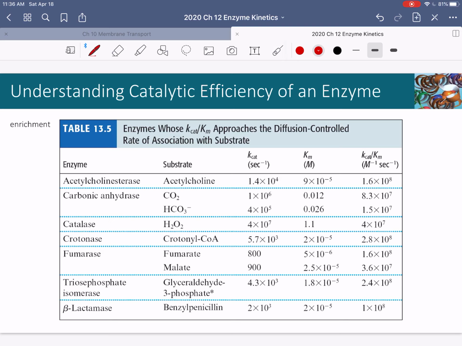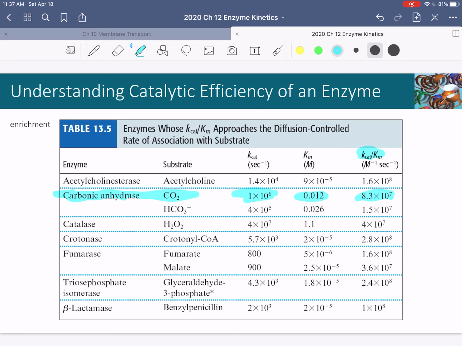So now if we look at some examples of Kcat and Km, go back to carbonic anhydrase, and look at the carbon dioxide substrate, which had a crappy Km, 12 millimolar, but a really good Kcat. And so its catalytic efficiency, or Kcat over Km, is really pretty good.